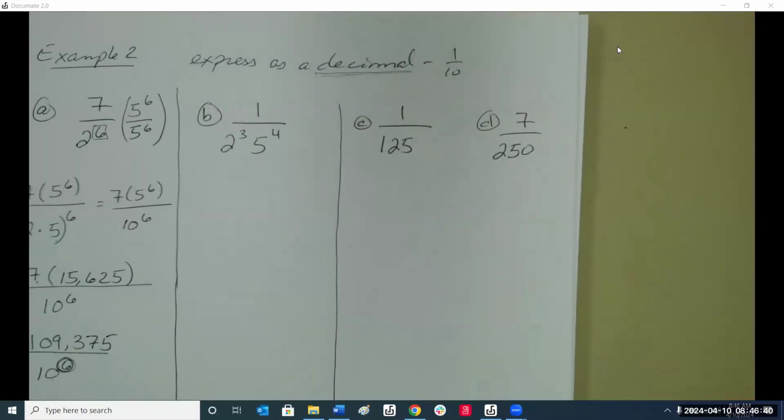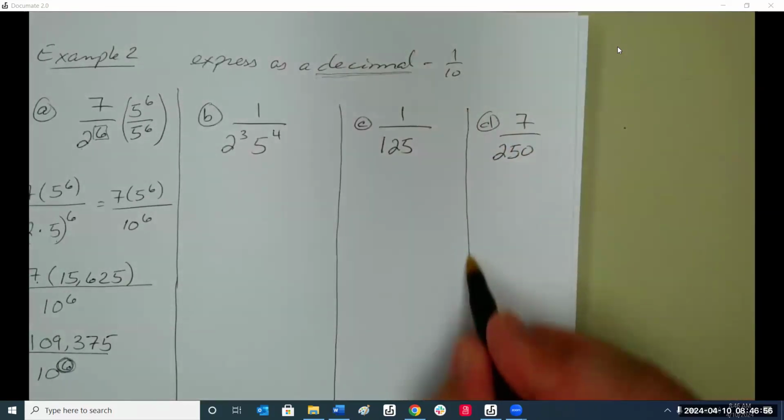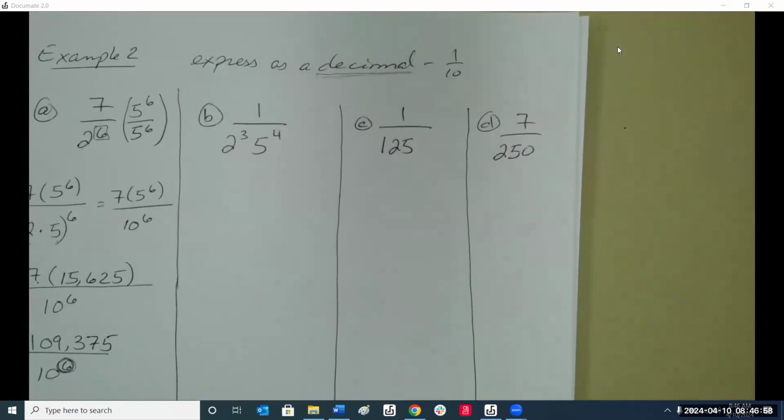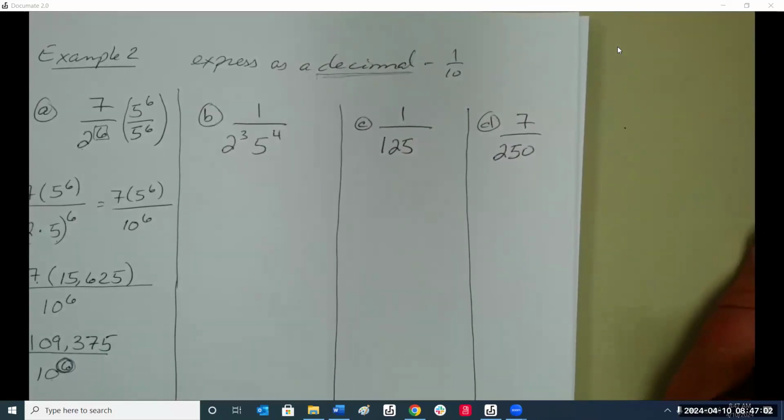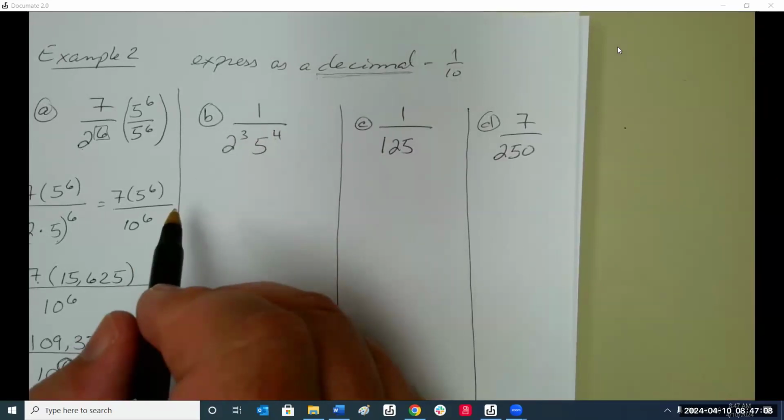How about the next one? Do they have the same exponents? No. So we have 4 5s when we have 3 2s.